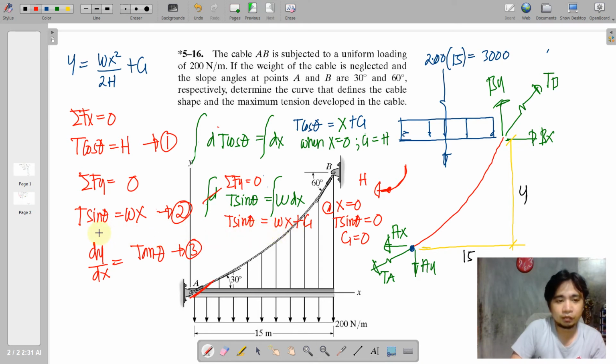So instead of using t sine theta is equal to wx plus 0, we'll just have to indicate here the constant c1. So this equation 1 shall remain, and summation forces y is equal to 0. We'll have to add a constant because we have not started at a point where there is no slope. So this time there is a slope, so we have to add a value of c1.